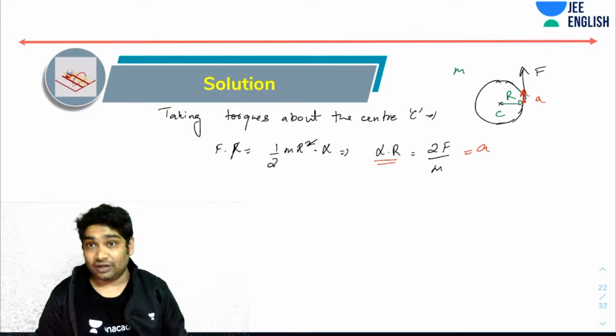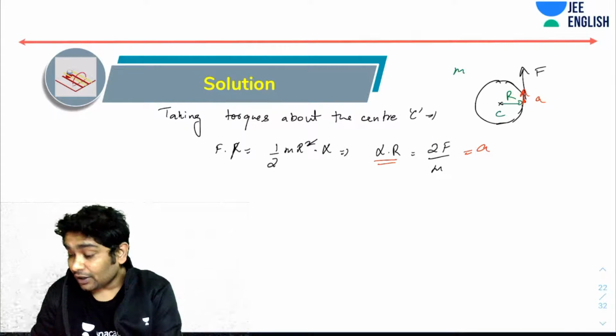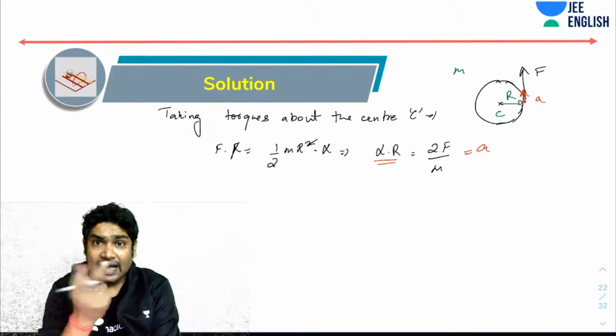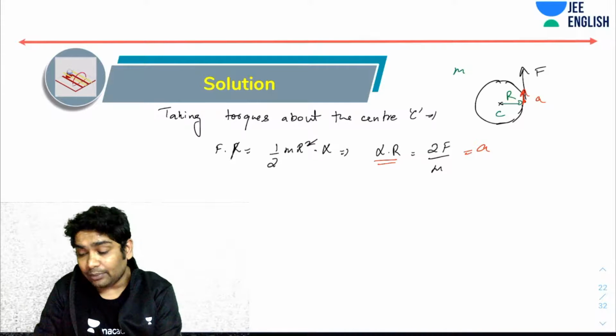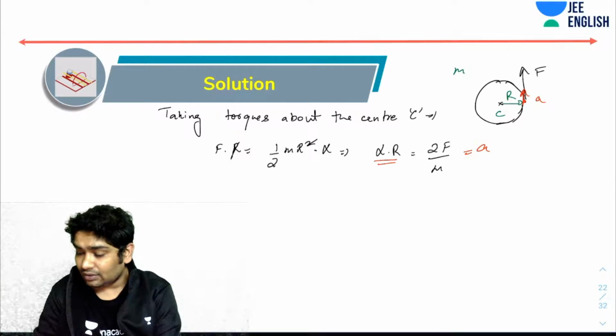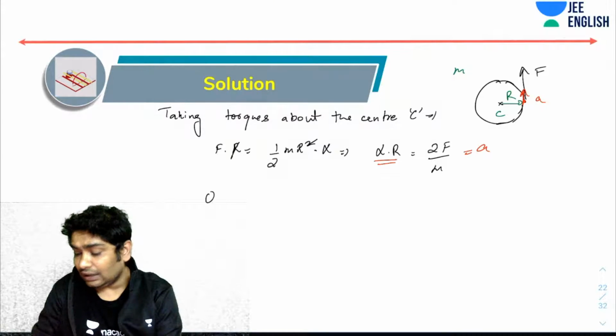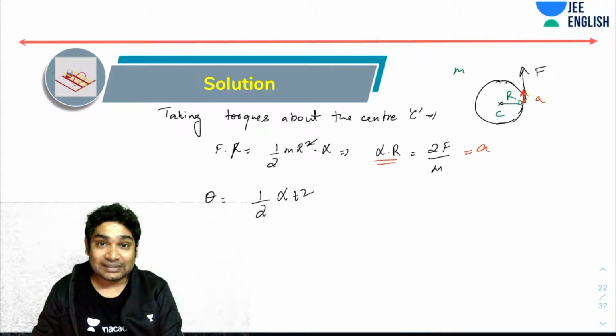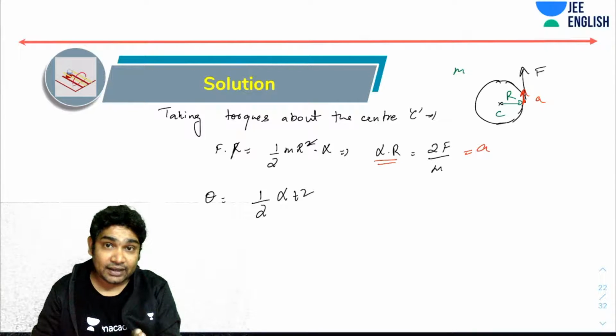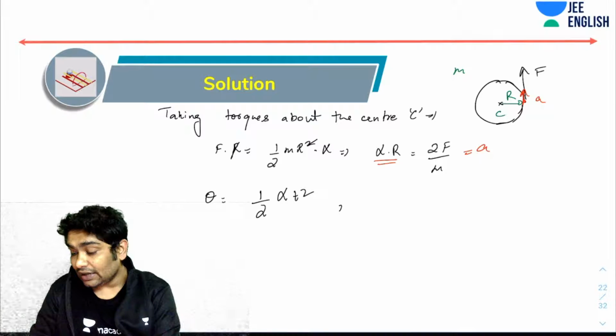There was another way in which you could have seen this. Think about it: in time t, what is the angle turned? Can I say that theta would have been half alpha t squared? That is the angle turned. If you find the angle turned in time t, then the length that has become unwound, L, would be equal to R times theta.